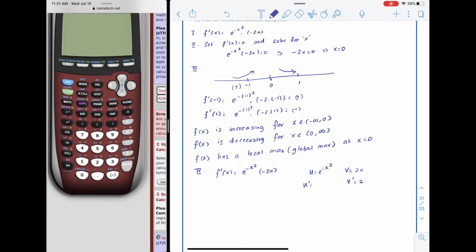U prime is e raised minus x squared times minus 2x. So f double prime of x is u v prime, 2 times e raised minus x squared, plus v u prime, 2x times minus 2x times e raised minus x squared. We have an e raised minus x squared in common, a 2 in common. So if we pull that out, we have 1 minus 2x squared.